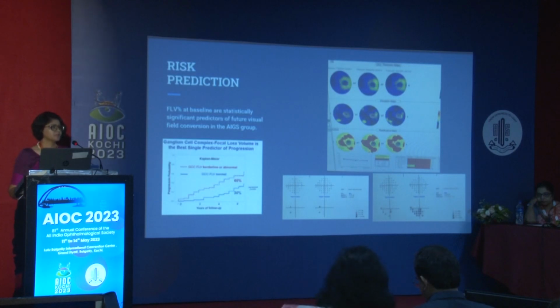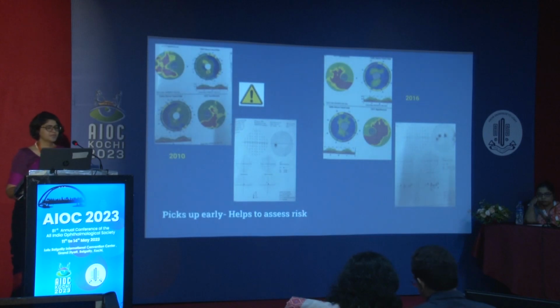And of course, look at the pattern of the GCC, look at associated optic disc changes, correlate everything, look for even cluster field effects to get better predictability. So yes, GCC helps to pick up early.